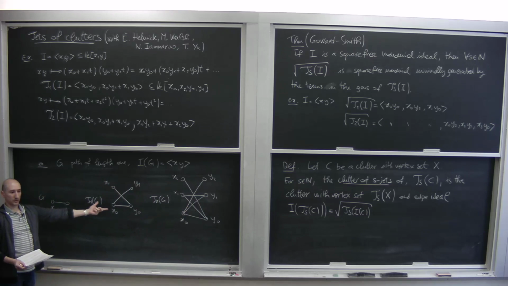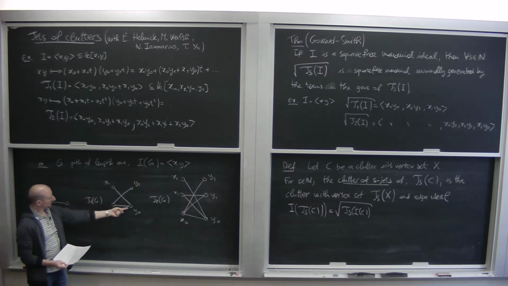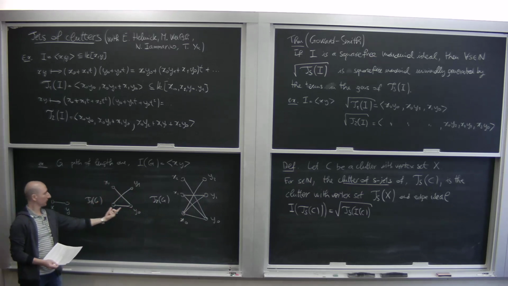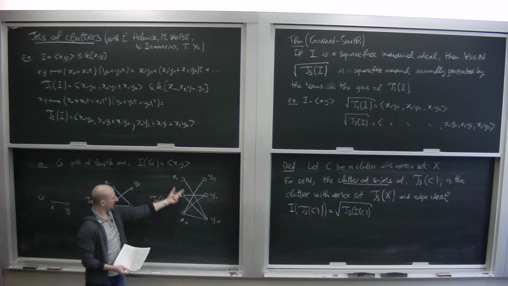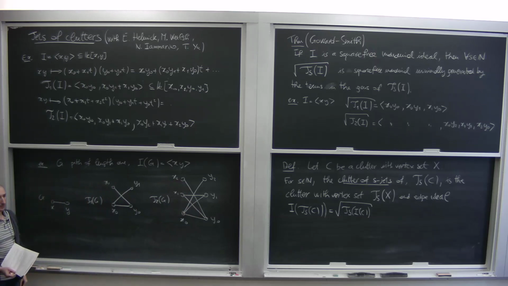You put in an edge in this jet graph if there was an edge in the original graph, and if the indices on the variable, the subscripts, add up to 1 or less. So we're doing order 1, so we want 0 plus 0, or 1 plus 0, 0 plus 1. When you do order 2, now you can take anything as long as the subscripts add up to 2 or less. And if your graph is not a path graph, then you do exactly the same thing. It just becomes more complicated to draw. So, yeah.